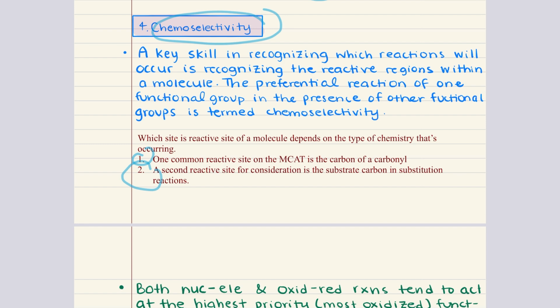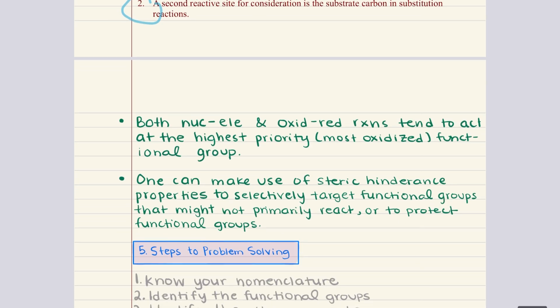In these cases, nucleophilic substitution can occur when a nucleophile displaces a leaving group, as we saw with SN1 and SN2 mechanisms. In many organic chemistry reactions, nucleophilic and redox reactions tend to act at the highest priority functional groups.